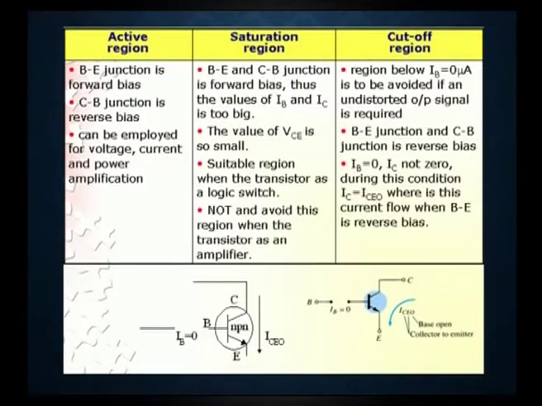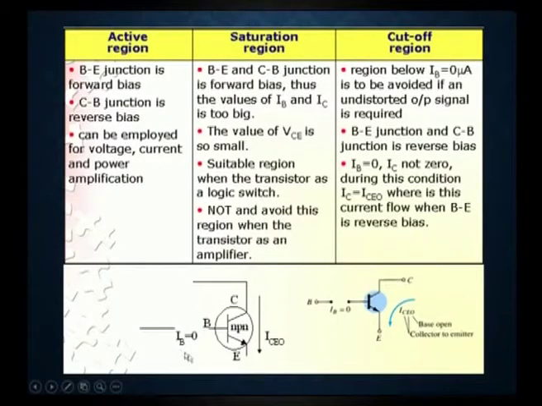So, in the saturation region this configuration can be used as a logic switch, and we avoid this region when using the transistor as an amplifier. So, when we use a transistor as an amplifier, we need to avoid this region. If we want to use the transistor as a logic gate or logic switch, we can use it when the transistor is working in the saturation region.